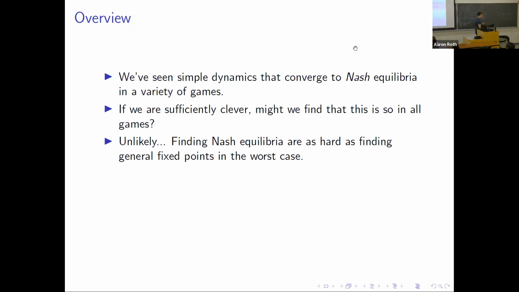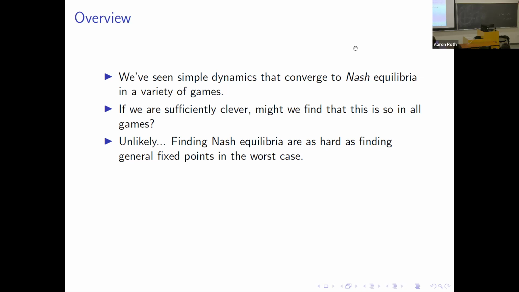Although, we as a community of computer scientists and mathematicians are unable to even prove that P does not equal NP, so it could be that there are efficient algorithms for all sorts of things. There are reasons to think that it's in general hard to find Nash equilibria. You can define a complexity class called PPAD, which is about finding general fixed points for general n-dimensional functions. And it turns out that the problem of finding Nash equilibria is complete for this complexity class.